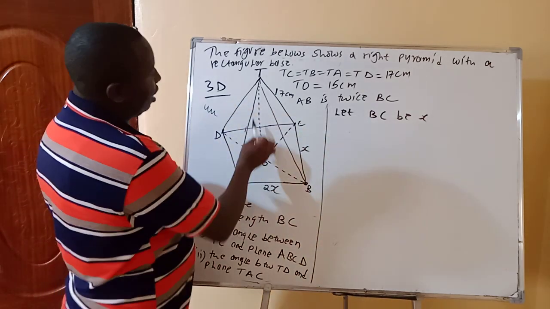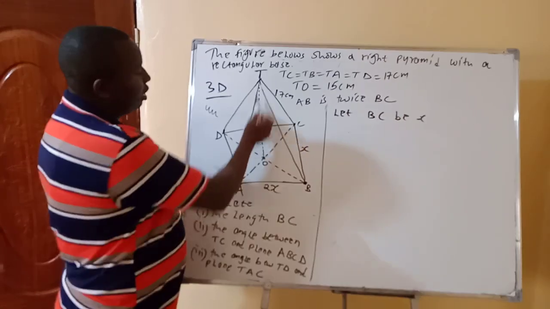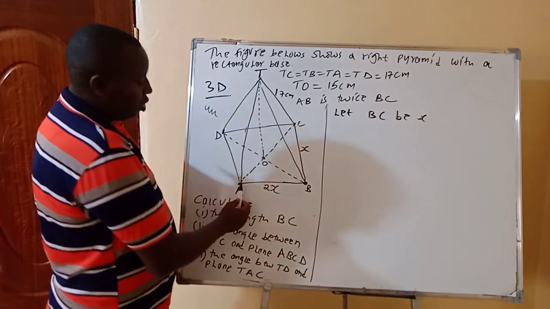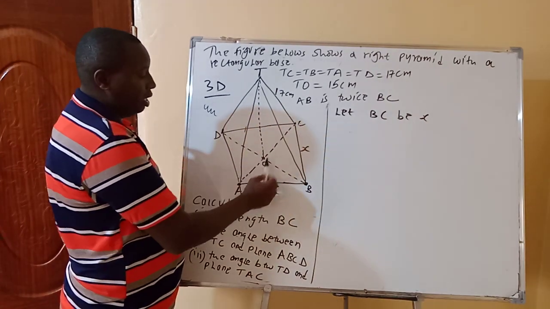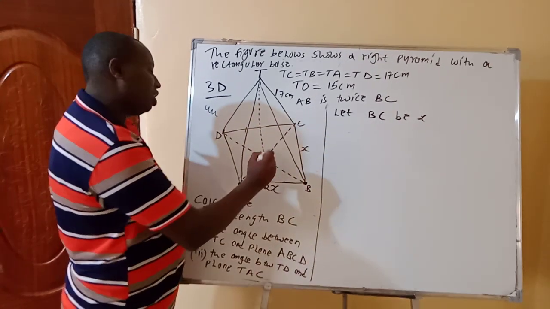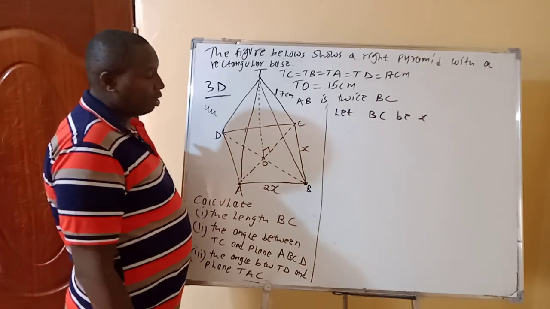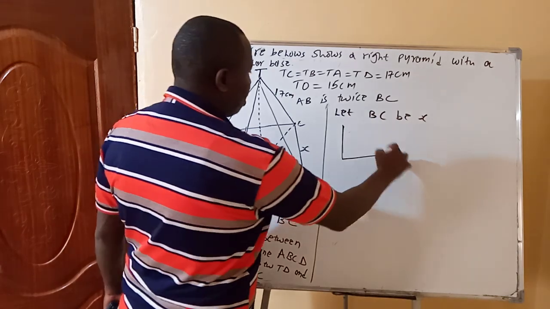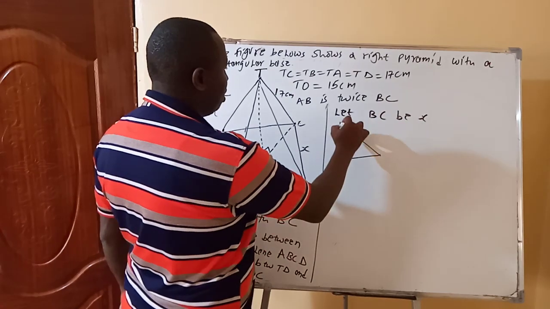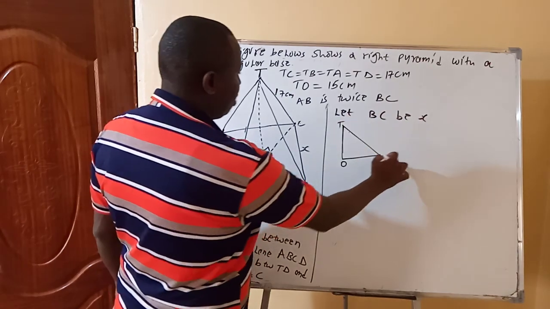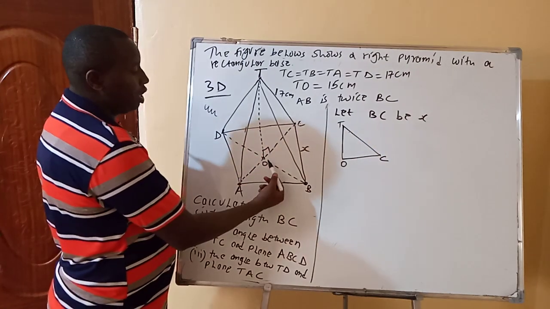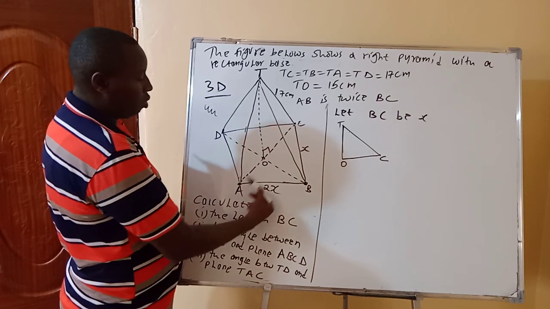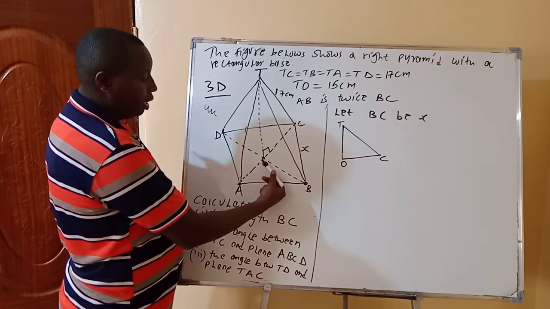Now, the vertical height is perpendicular to the diagonal AC at point O, so this angle is 90 degrees. Therefore, this forms a right-angled triangle, T, O, and C. We need to get OC, and once we get OC we also get OA, because OA is equal to OC.